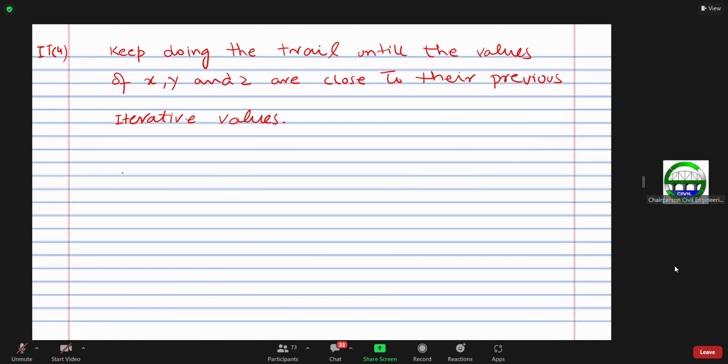And that's it. That's the end of the example. Okay, so keep doing this 3, 4, 5 iterations, and then finally you will get the answer.